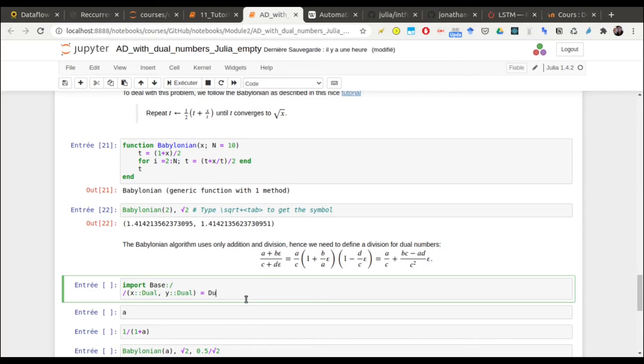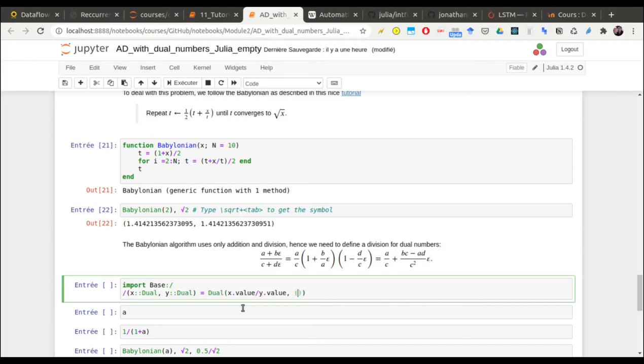Now I'm defining the division between two dual numbers. The x value is very simple. The y value is a over c. And now I need to put this in the epsilon part.